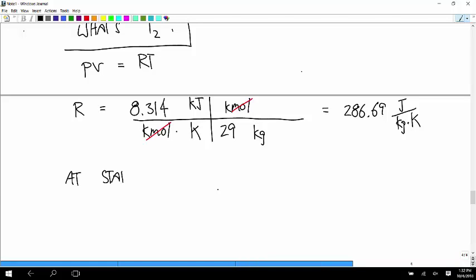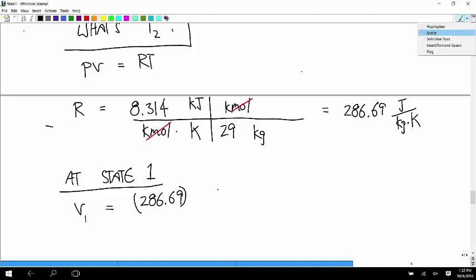At state 1, specific volume 1 is equal to 286.69 times the initial temperature.